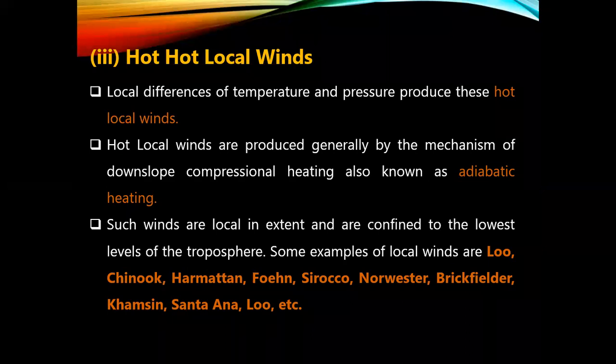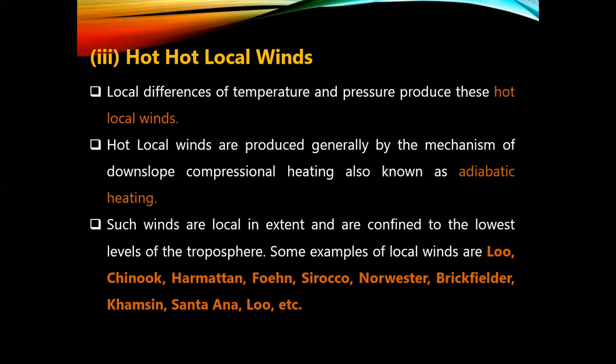The third type of local wind is hot local winds. Local differences of temperature and pressure produce these hot local winds. Hot local winds are produced generally by the mechanism of downslope compressional heating, also known as adiabatic heating.